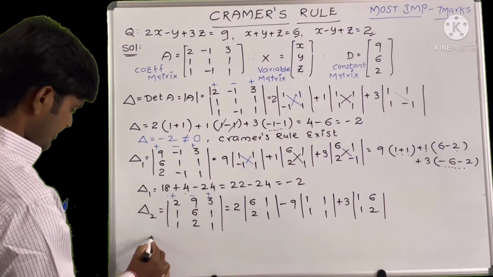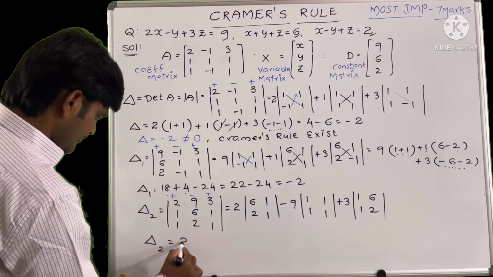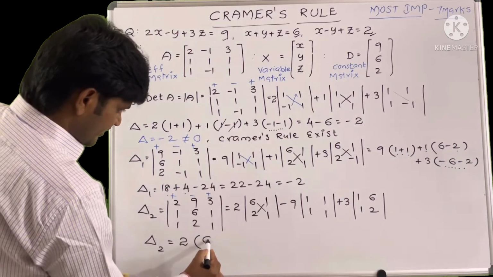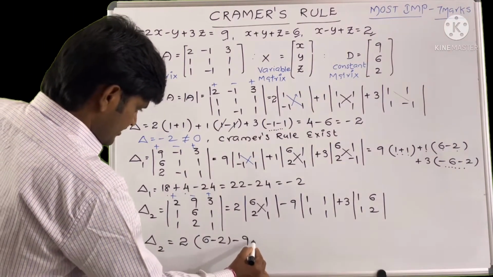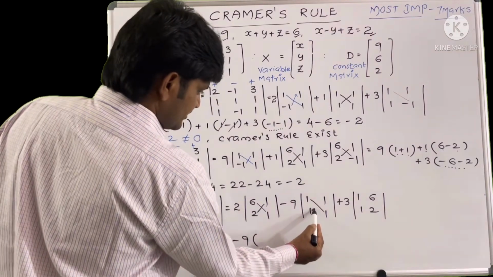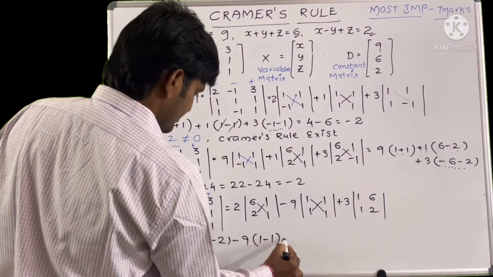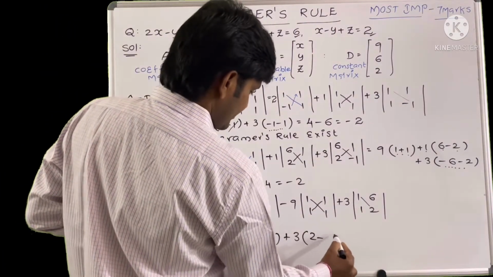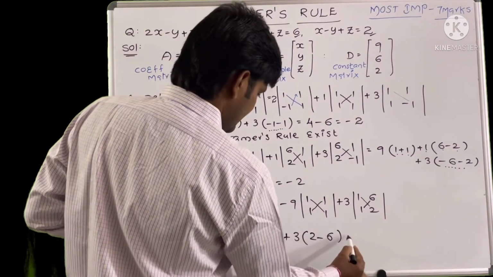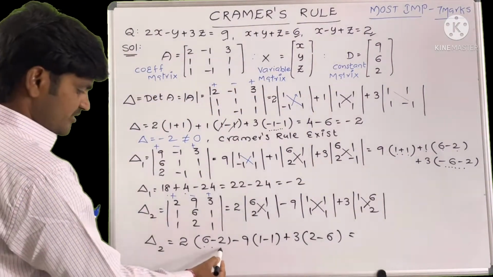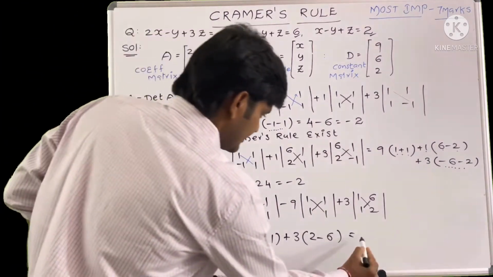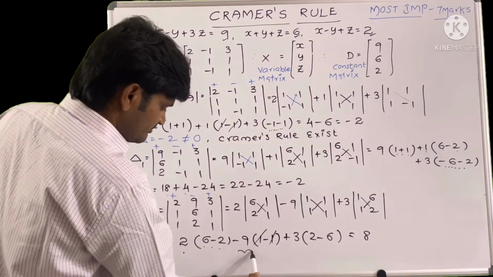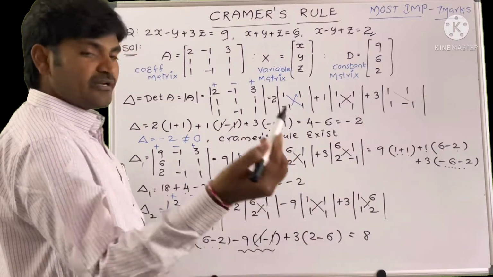Similarly, the expansion: delta 2 equals 2 into 6 minus 2, minus 9 into, this is minus 1 and minus 1, plus 3 into 2 minus 6. Now the simplification: 6 minus 2 is 4, 2s are 8. 0 into minus 9 is 0, no need to write that value.